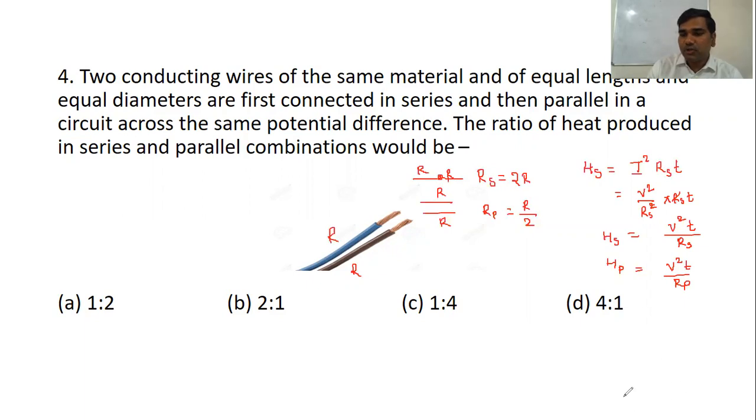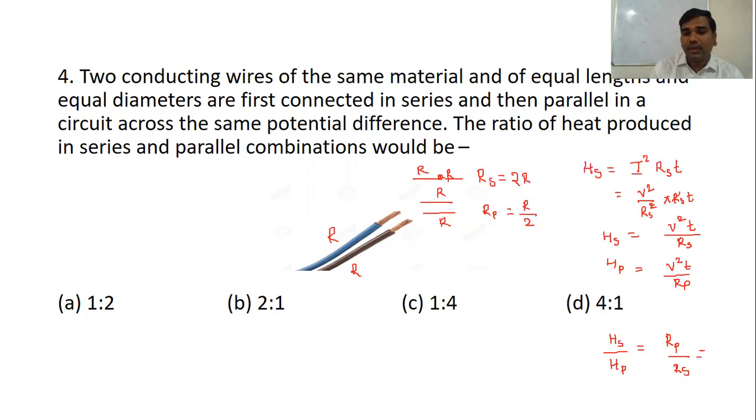Let us take the ratio of these two, HS by HP, which can be written as RP by RS, since V square T gets cancelled.